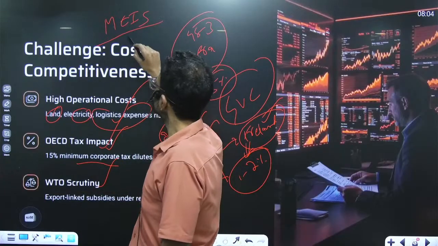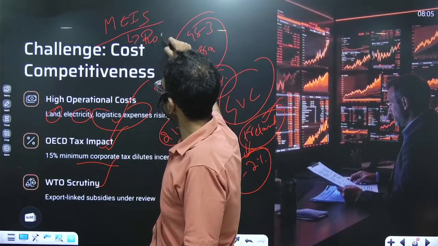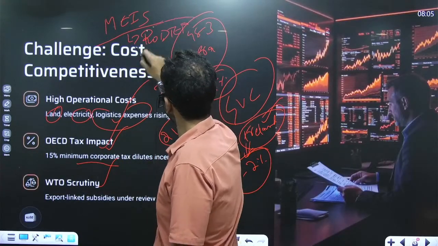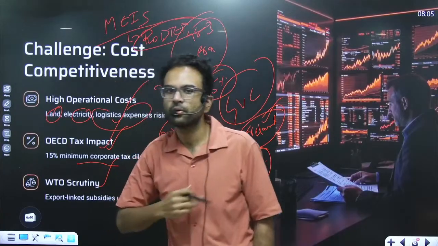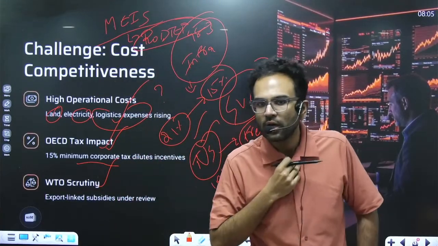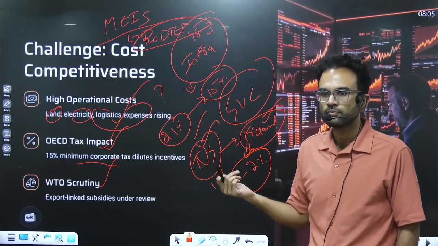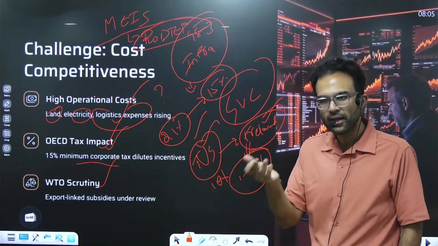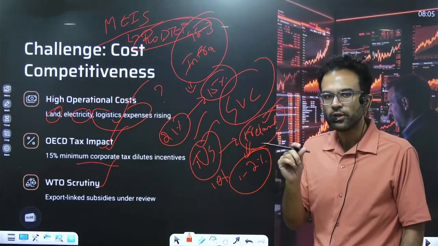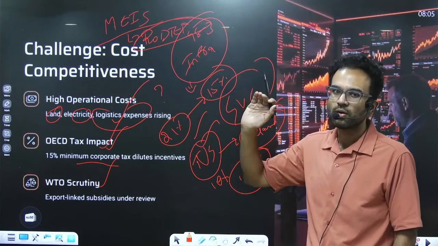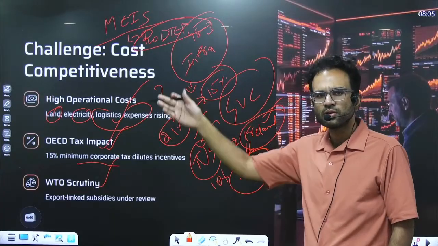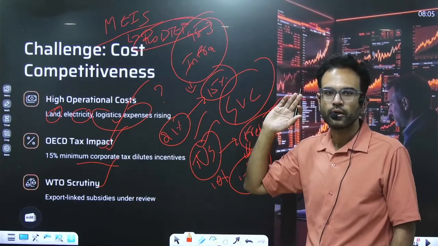This is replaced by schemes like RoDTEP. What is MEIS? What is RoDTEP? The Ministry of Commerce through DGFT used to give this kind of export incentives. What is that? Go back and check. What is WTO? What are WTO issues? This is the homework you have today.